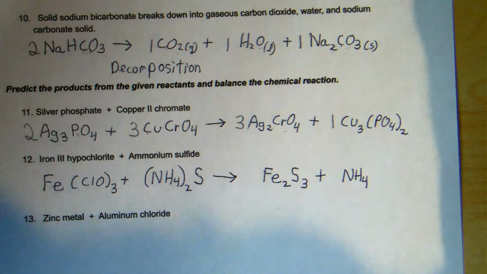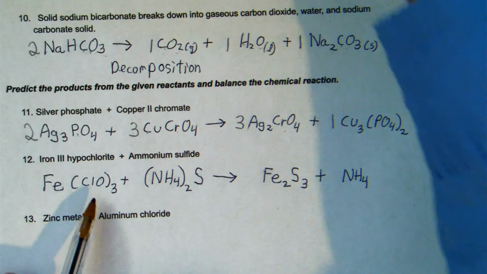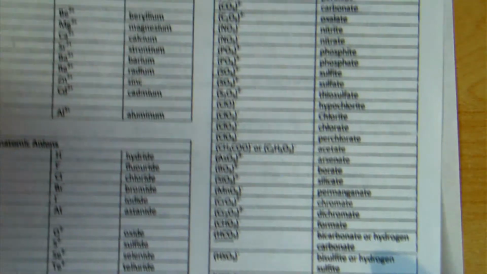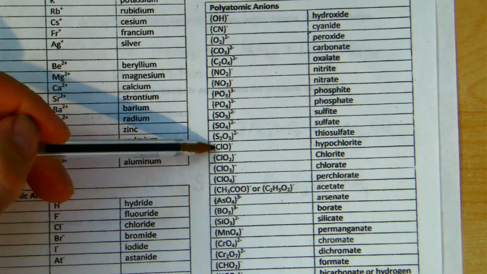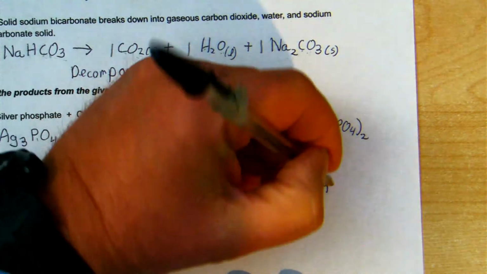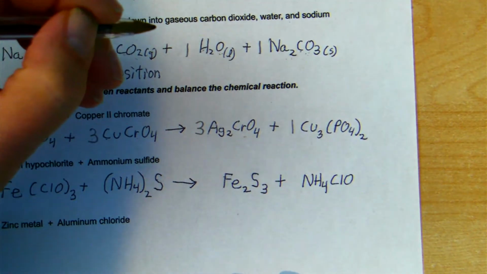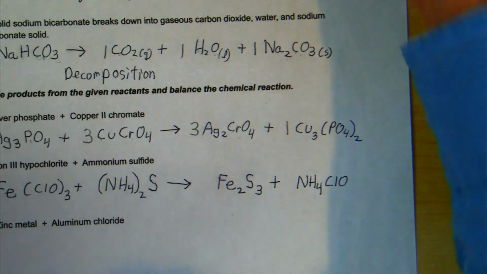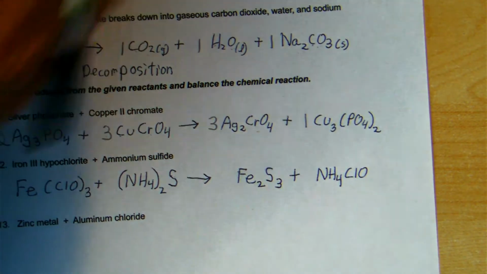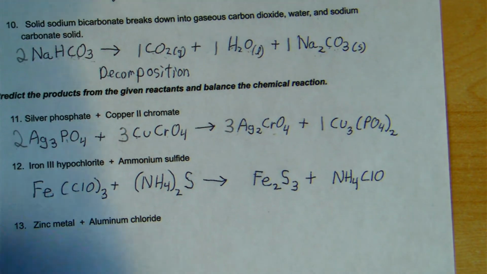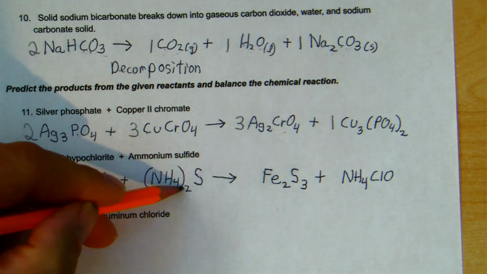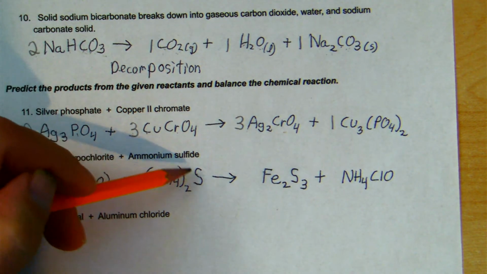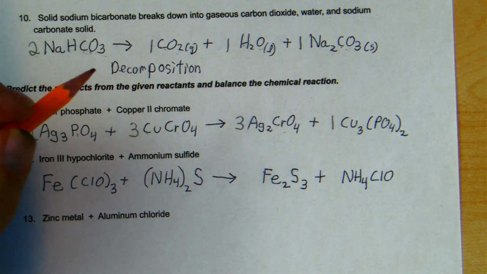And in case you can't tell by looking at this, you could look it up and confirm that hypochlorite is a 1 minus charge. So ClO, no subscripts. All right, so there's my prediction. Now to balance this, I see I have 2 ammoniums on the left, I have 1 sulfur on the left, 3 sulfurs on the right.